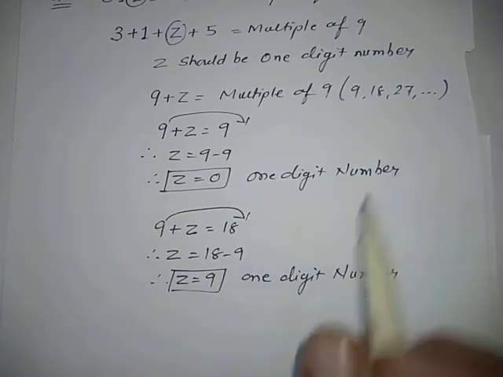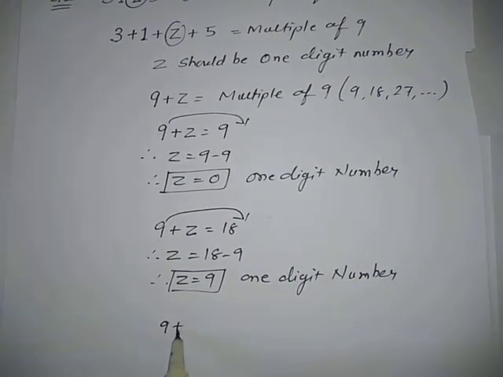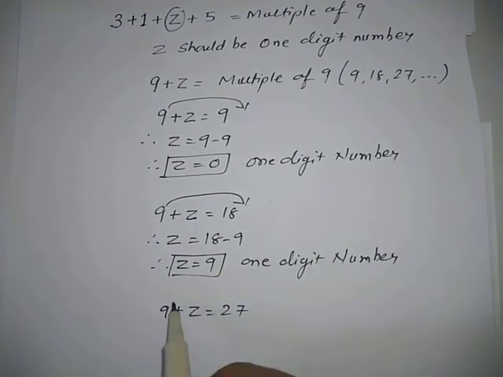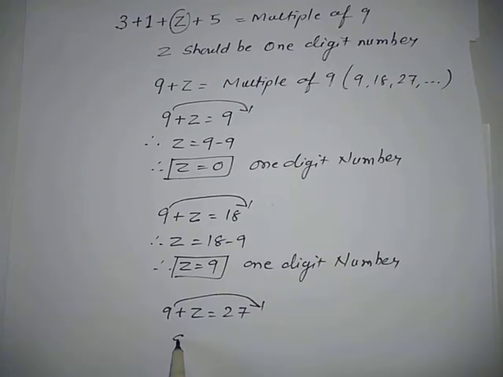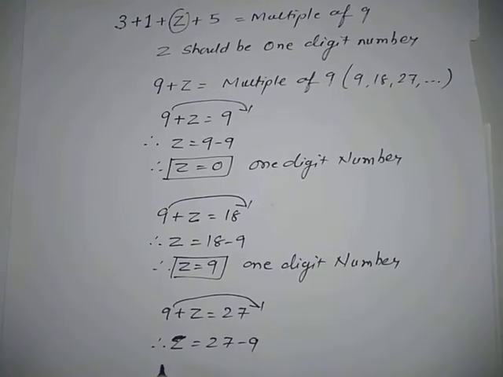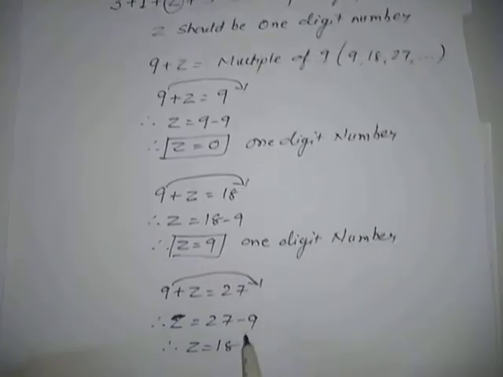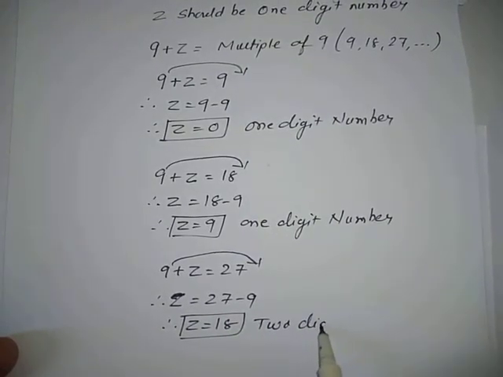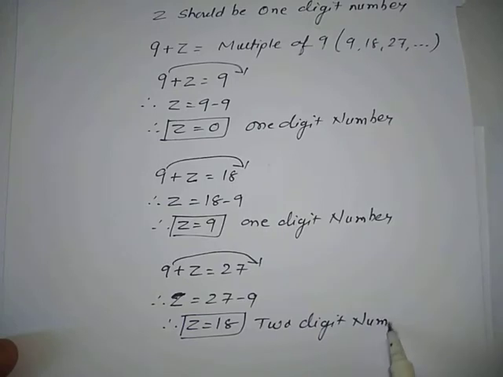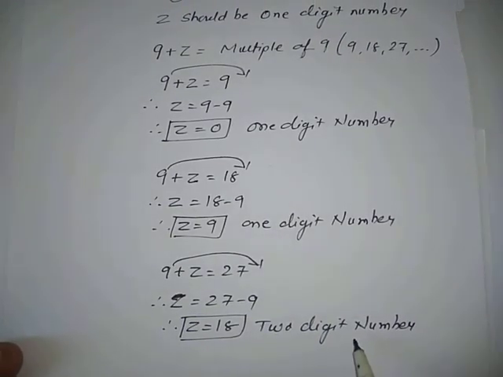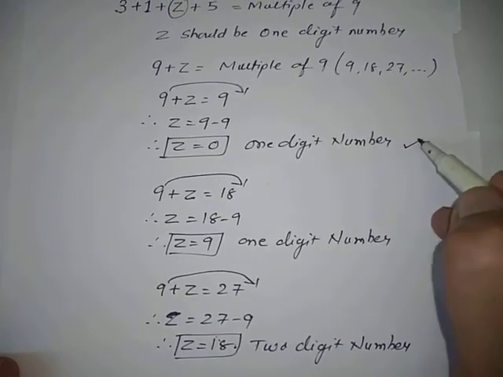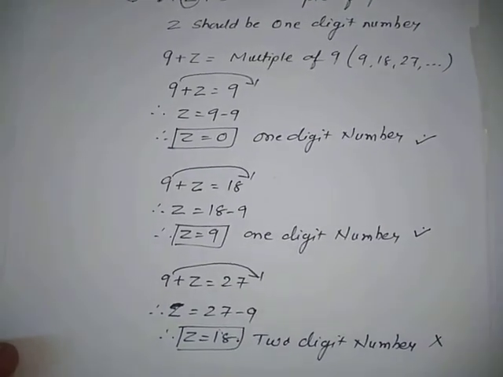We try for the next also. So 9 plus z is equal to another, that is 27, a multiple of 9. So z is equal to 27 minus 9, and z will be 18. Now here 18 is a 2-digit number, so we cannot take z is equal to 18 because we require a 1-digit number, and this is not possible.